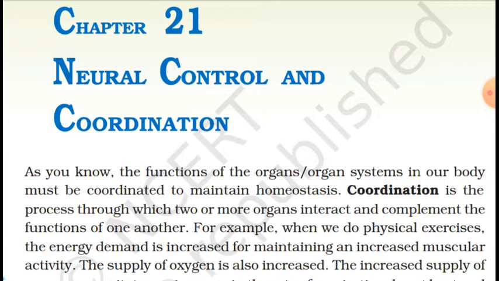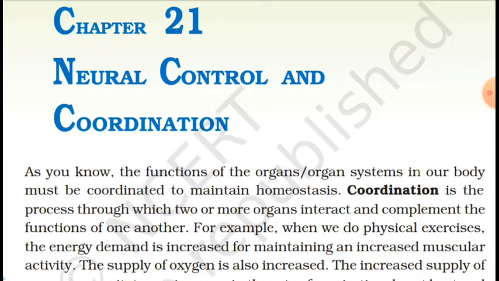Now what about coordination? We know the simple meaning of coordination. If we talk about our body, it is actually the process through which two or more organs interact and complement each other's functions. We can take the example of any physical exercise or energy demand of our body, or any two systems which coordinate with each other.